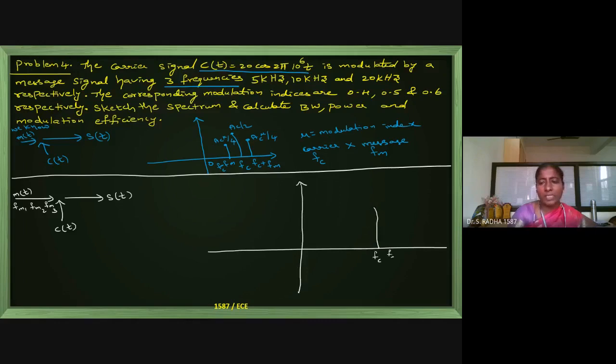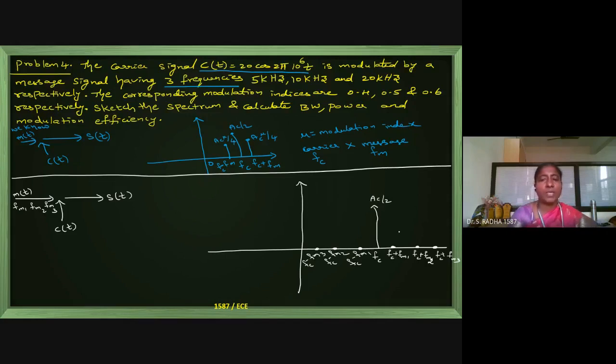Then we will have Fc plus Fm1, Fc plus Fm2, and Fc plus Fm3, three frequencies above Fc, and below Fc also three frequencies: Fc minus Fm1, Fc minus Fm2, and Fc minus Fm3. The center amplitude is AC by 2.